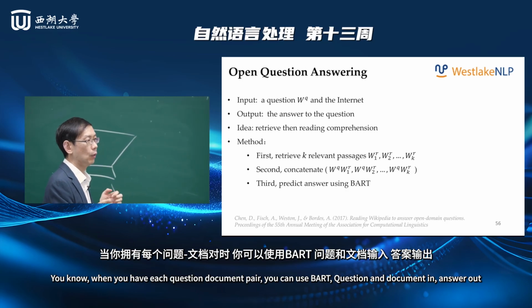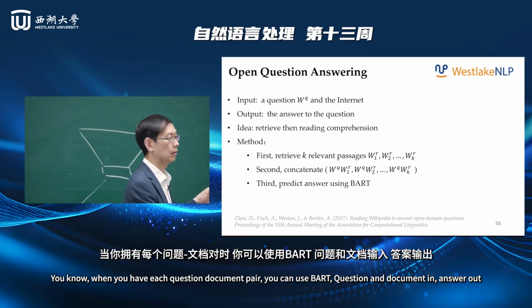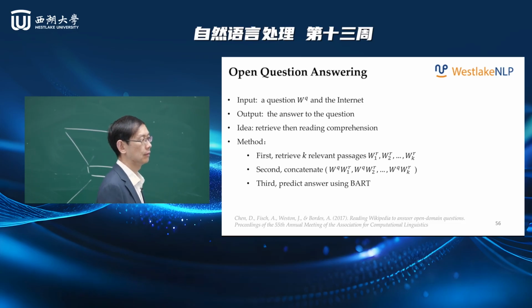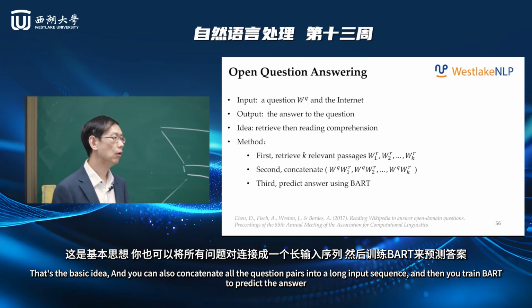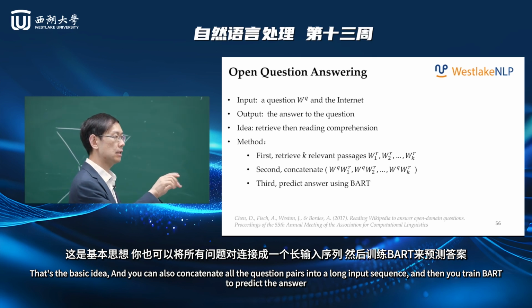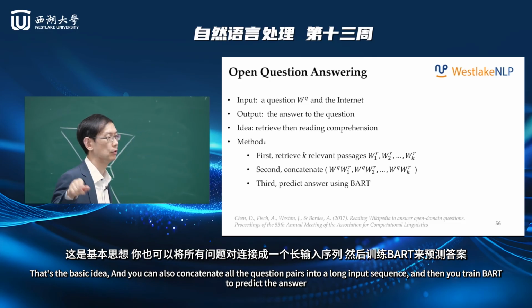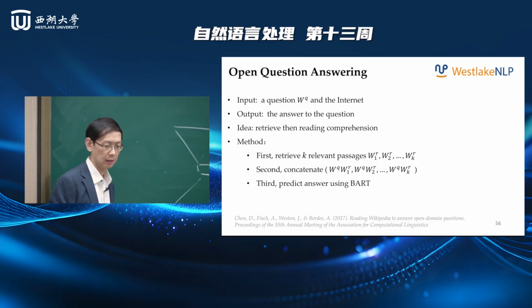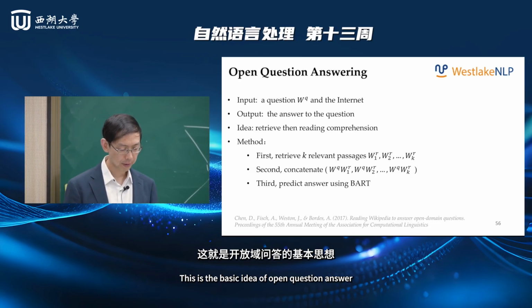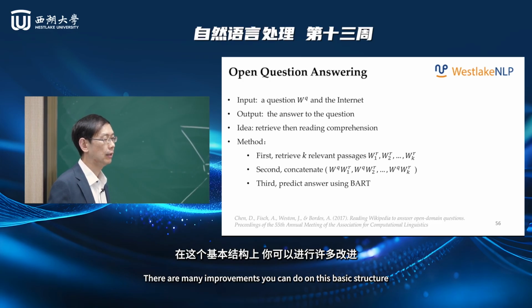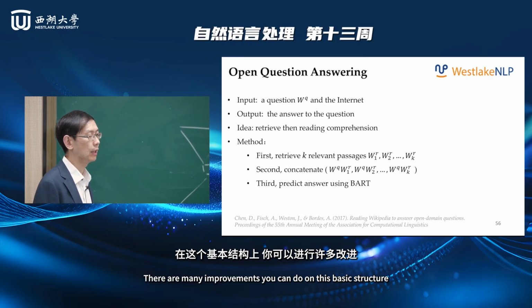When you have each question document pair, you can use BART. Question and document in, answer out. That's the basic idea. And you can also concatenate all the question passage pairs into a long input sequence, and then you train BART to predict the answer. So this is the basic idea of open question answering. There are many improvements you can do on this basic structure.